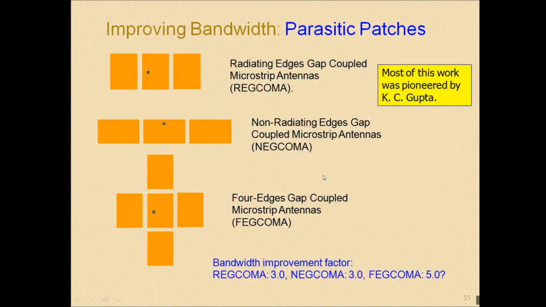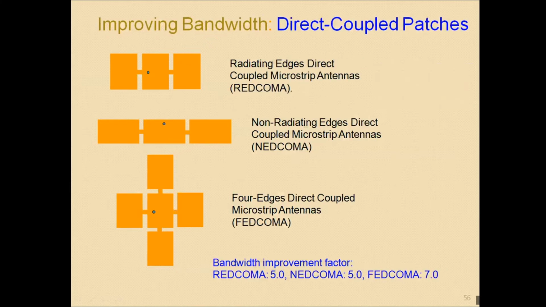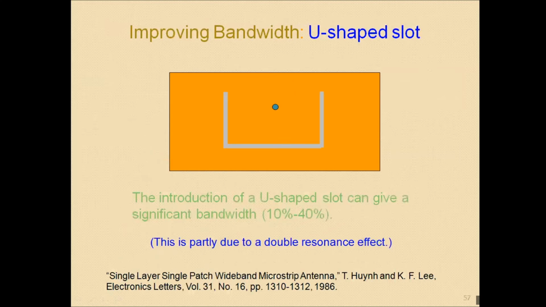There are so many approaches for improving the bandwidth, such as parasitic patches. We can go for different types of edge coupling to achieve the bandwidth. We can also increase the bandwidth by making a slot over here. When you make a slot, the slot will work in another frequency band.